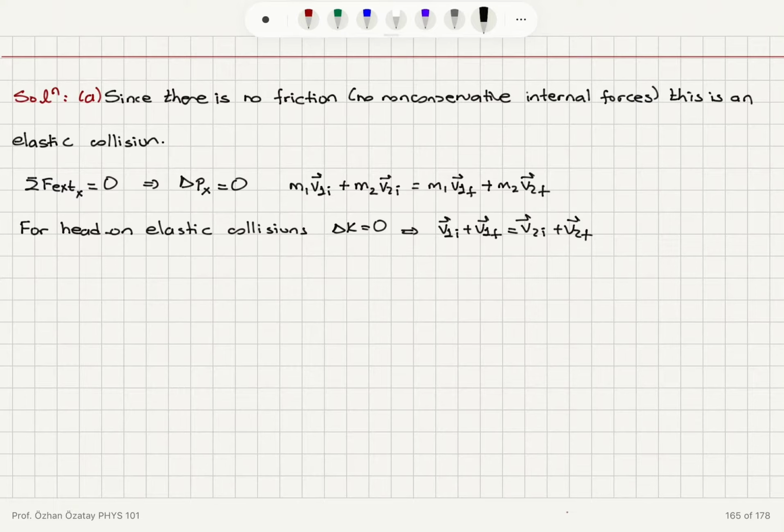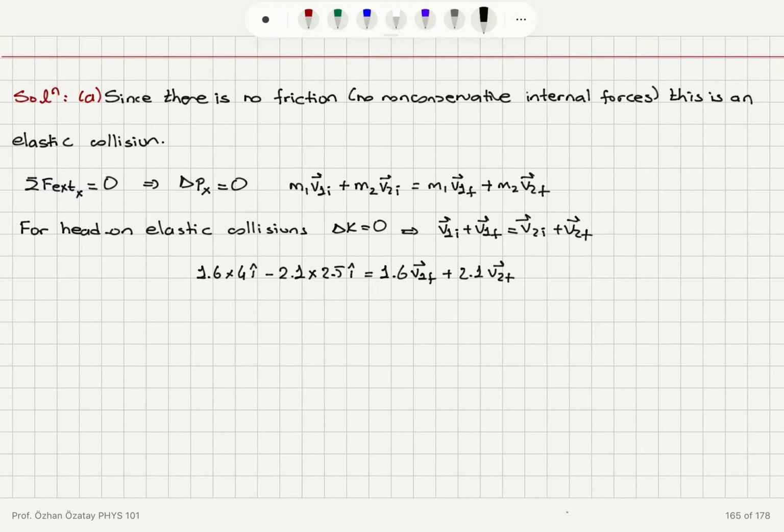So if I substitute for m1, 1.6 kilograms, v1 initial is 4 i hat, m2 is 2.1 in the minus 2.5 i hat direction. That's the initial linear momentum. Then I have m1, 1.6 v1 final, m2, 2.1 v2 final.